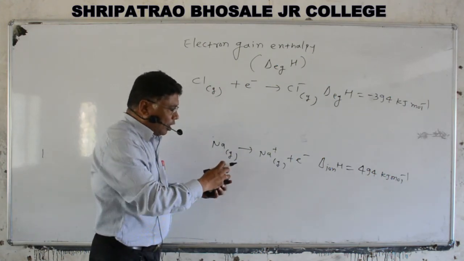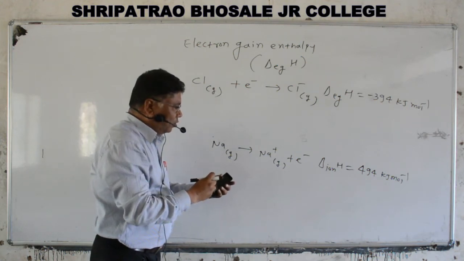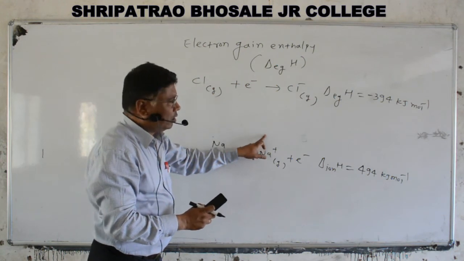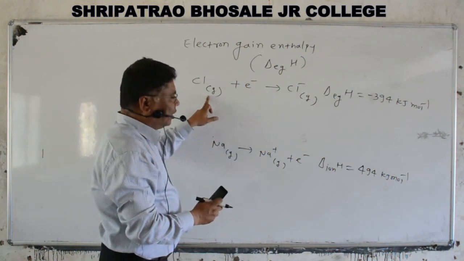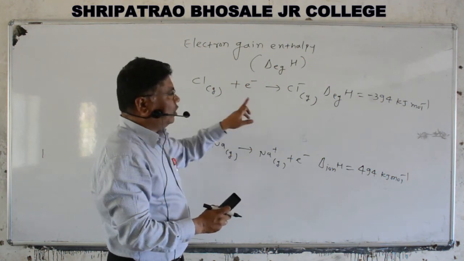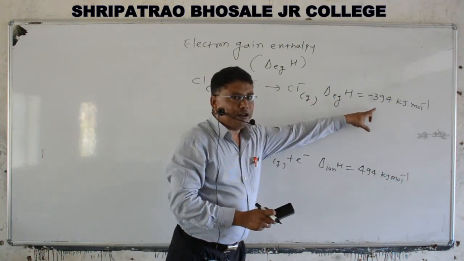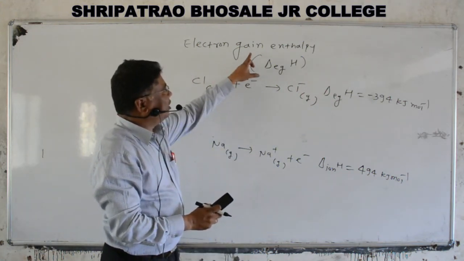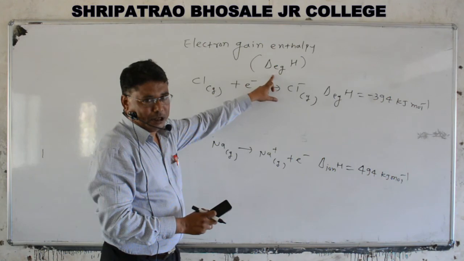You know that the amount of heat required to remove the electron is called enthalpy of ionization. But when an electron is added to a neutral gaseous atom of chlorine, it releases 394 kilojoule of heat. That is called electron gain enthalpy.